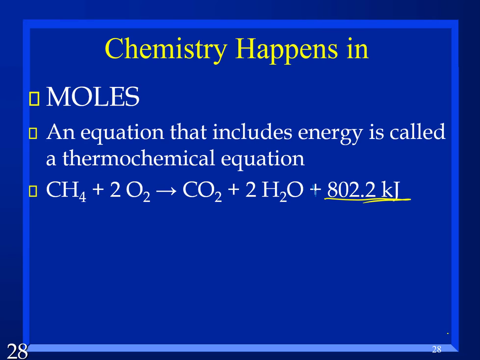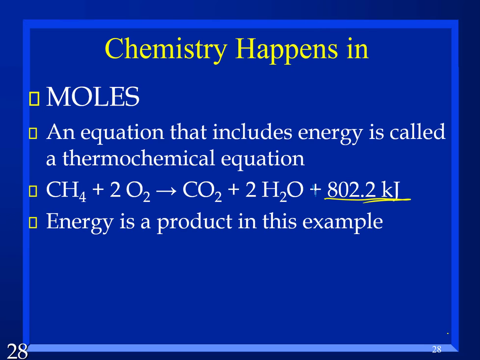The right-hand side is products. Products are the things we produce. So in this case, energy is a product. And if energy is a product, we have a word for things that make energy, and that would be exothermic.